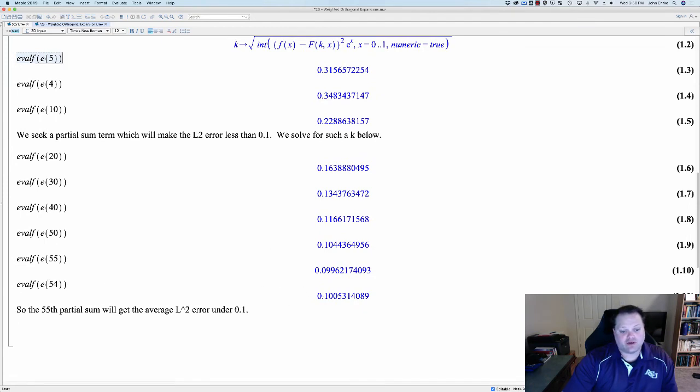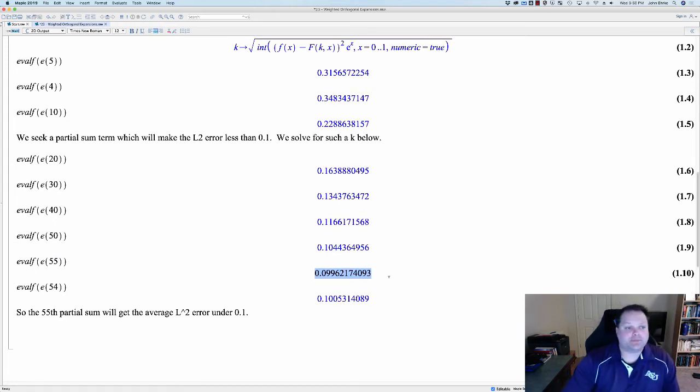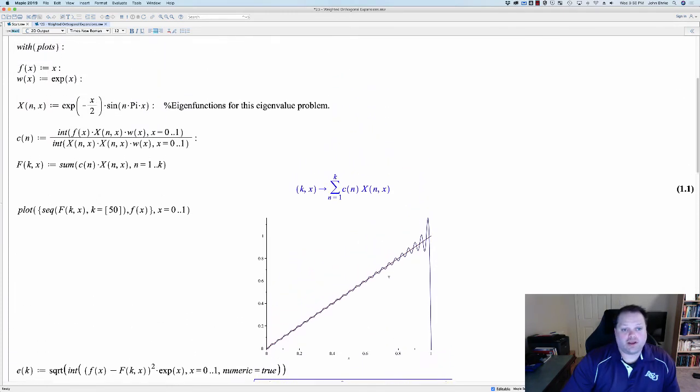And we didn't get under 0.1 until we hit 55. So you need 55 terms of this series to get an L2 weighted error under 0.1 for the entire interval from 0 to 1. So we're definitely going to be using this coming up really soon. This is an important result in this course and moving forward into the problems that we're going to look at on Friday, Monday, and Wednesday of next week.